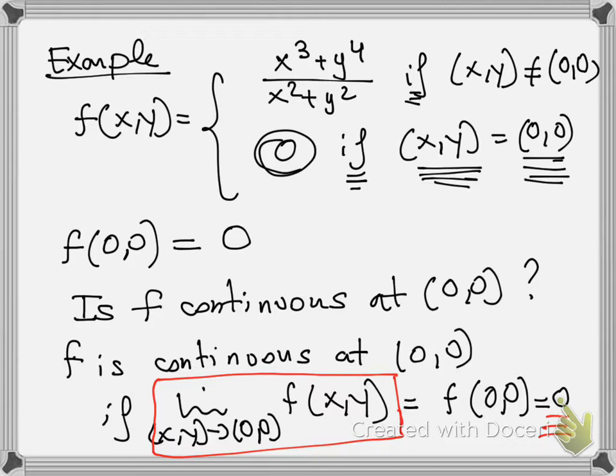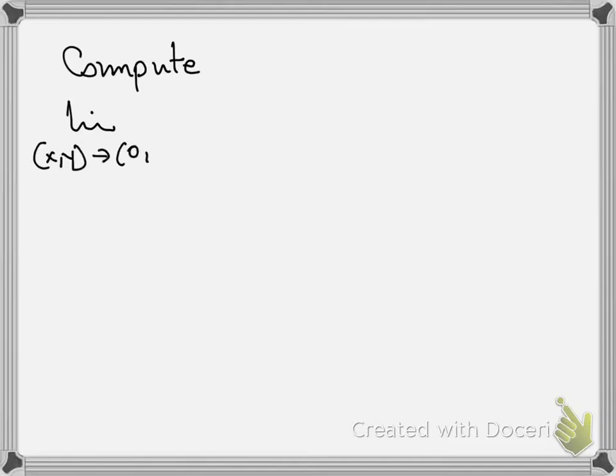So we need to compute the limit. So what's the limit of f of x, y when (x, y) approaches the origin? We need to compute the limit as (x, y) goes to (0, 0) of f of x, y.